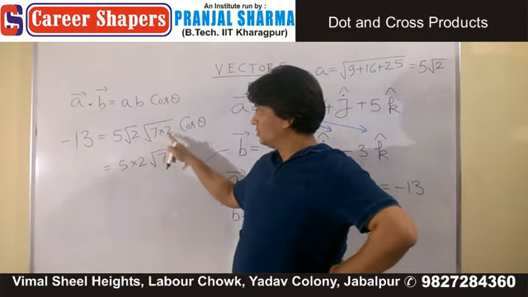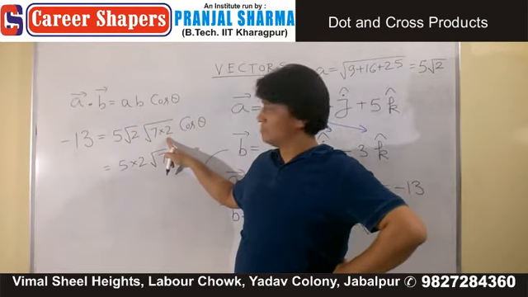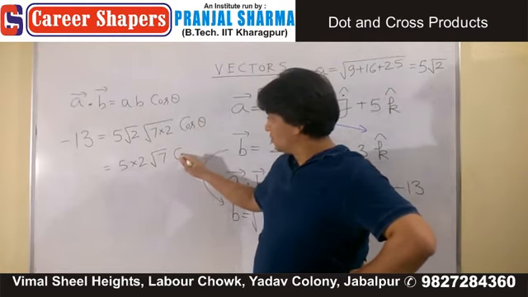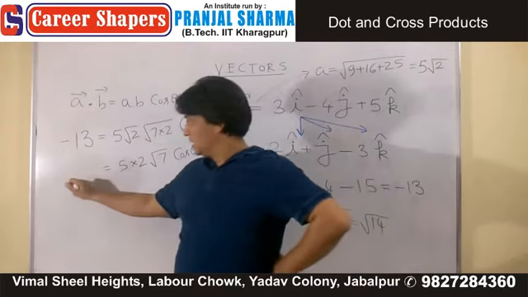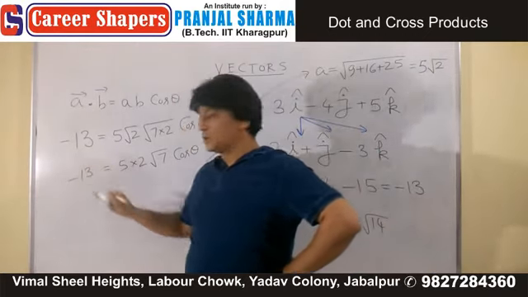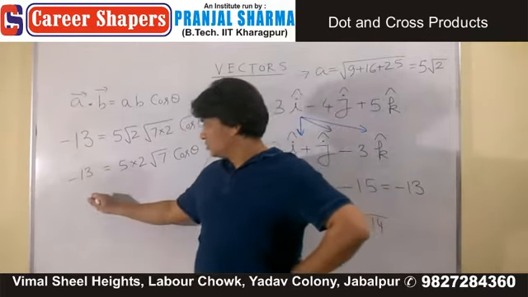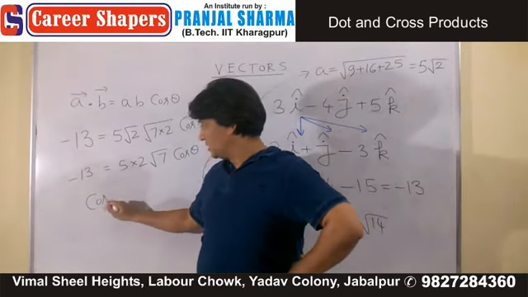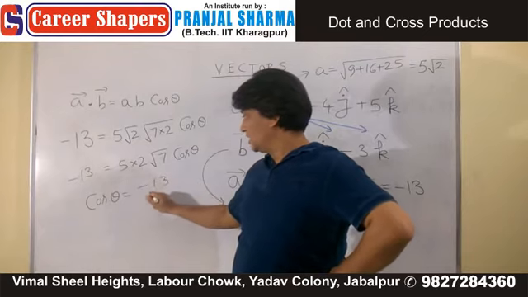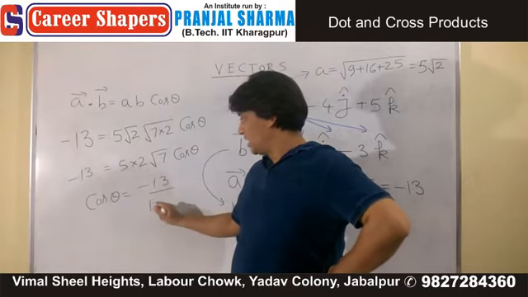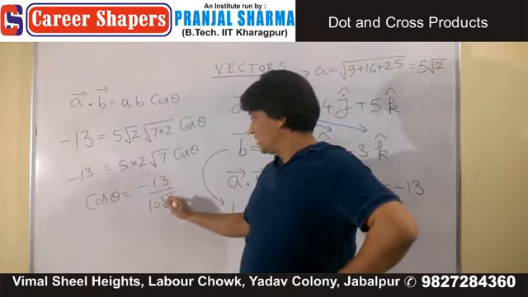Root 2 multiplied by root 2 into cos of theta is minus of 30. So what is cos theta coming? Cos theta is coming minus 13 divided by 10 root 7.